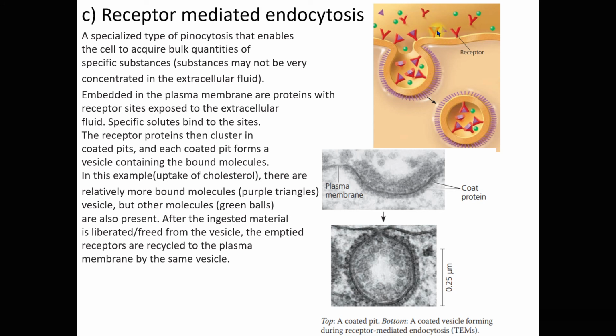The receptor on the surface of the plasma membrane will bind with the solutes and form a cluster. This is a cluster, and then this cluster will be taken into a coated pit. This is a coated pit, and this coated pit will eventually form a vesicle.